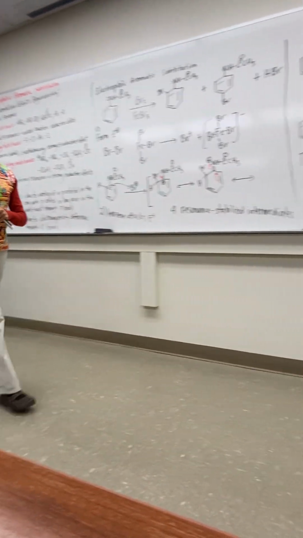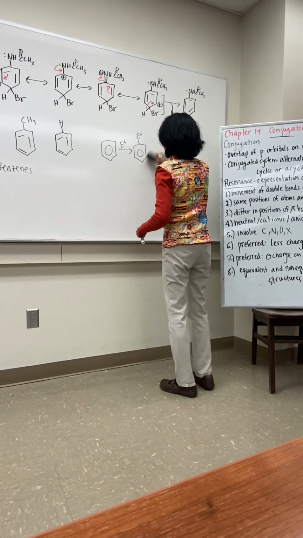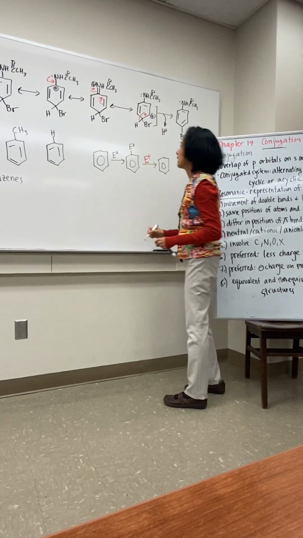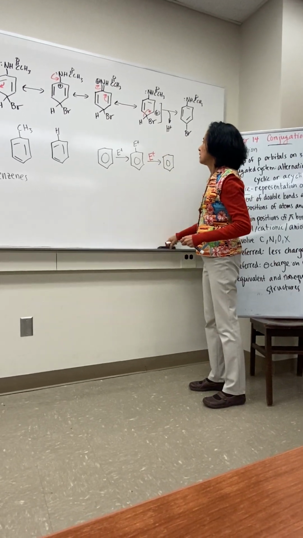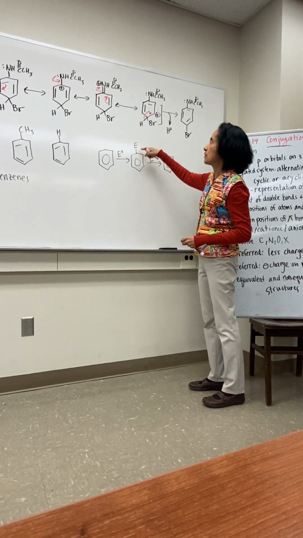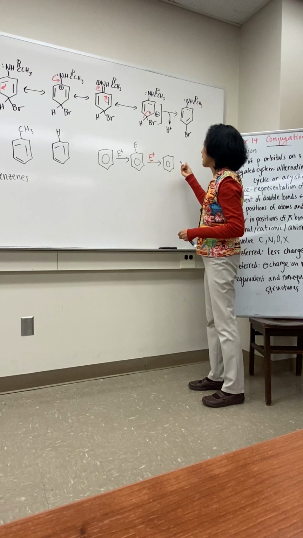So if I now put another electrophile, the incoming electrophile is going to be dictated by whether this is an ortho-para director or meta, right? So two things can happen.